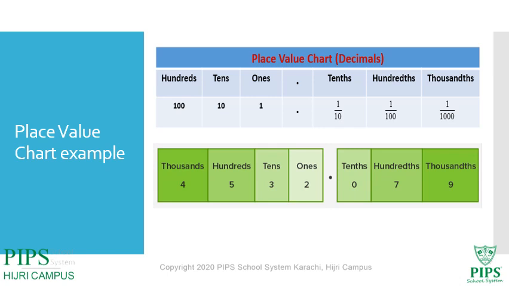Before the decimal point, we will write the whole number. Okay, the first number from the right hand side will be ones, the second is tens, the third is hundreds. You can see the example given below the value chart.